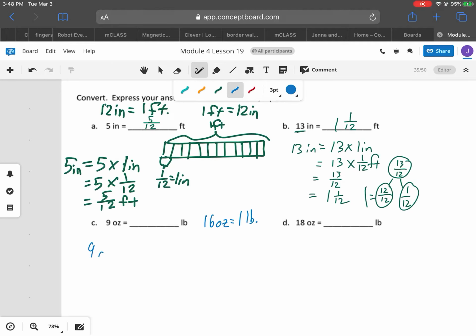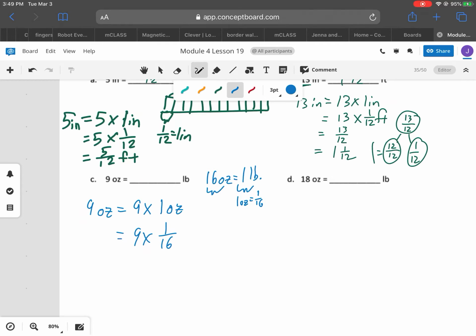Alright, so we're going to say 9 ounces is equal to 9 times 1 ounce, and then it's 9 times 1/16, because we have 16 here, and 1 ounce is equal to 1/16 of a pound. So can we cross cancel? Nope, 9 and 16 aren't related, so we're going to just go 9 over 16. Answer is 9/16.